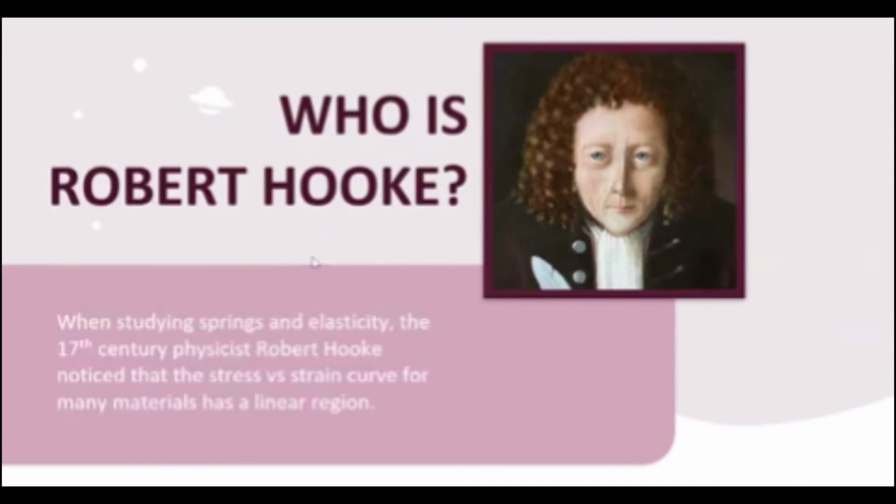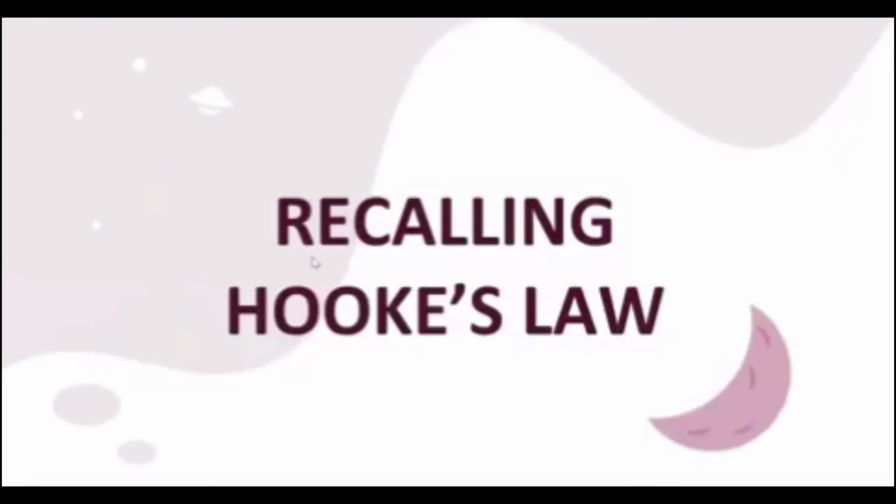When studying springs and elasticity, the 17th century physicist Robert Hooke noticed that the stress versus strain curve for many materials has a linear region, recalling Hooke's law. This is Hooke's law of spring, a simple object that is essentially one-dimensional.